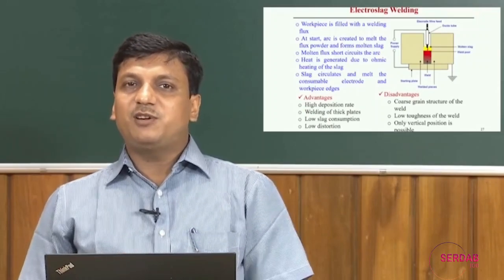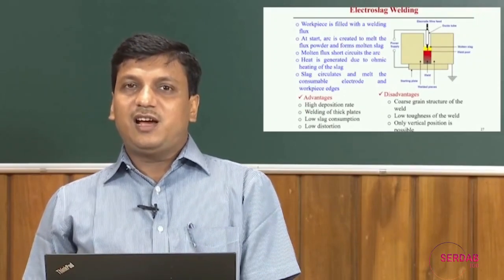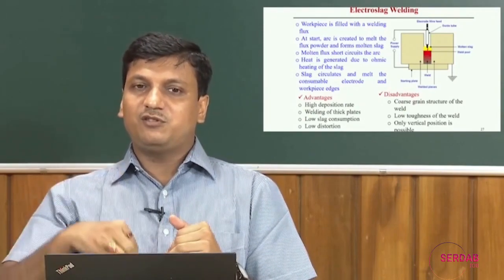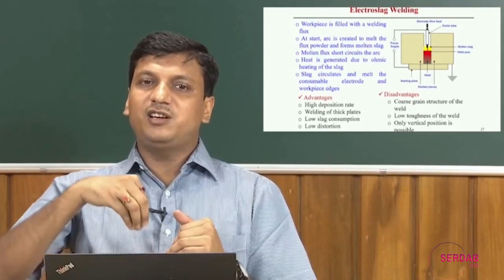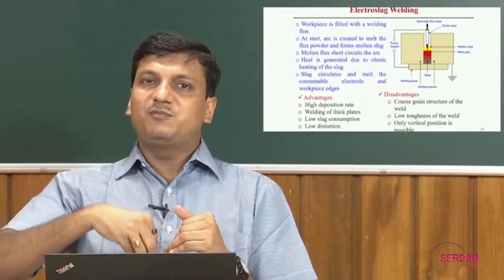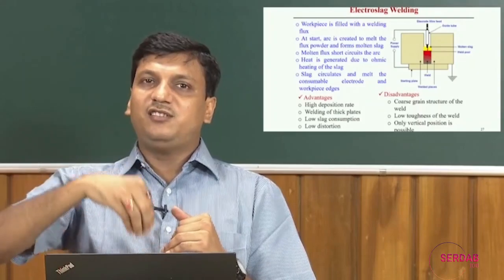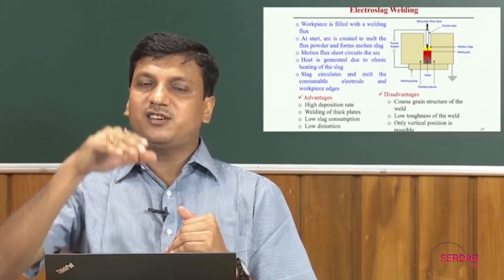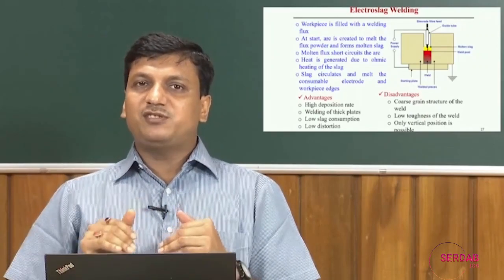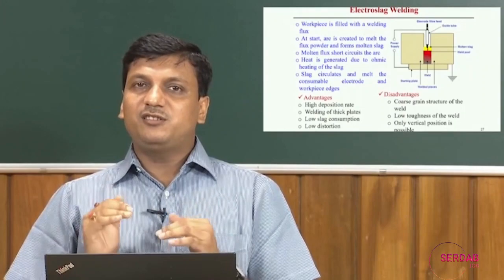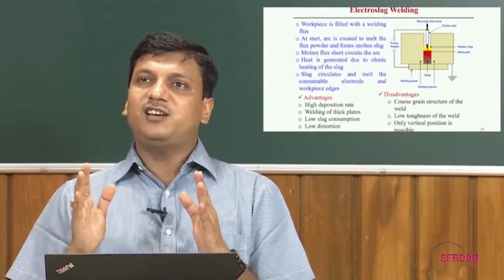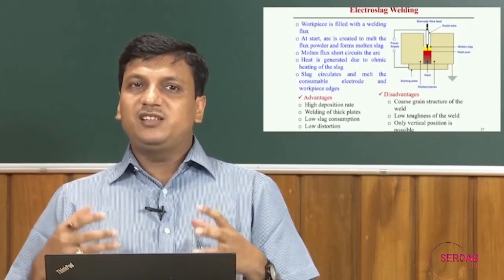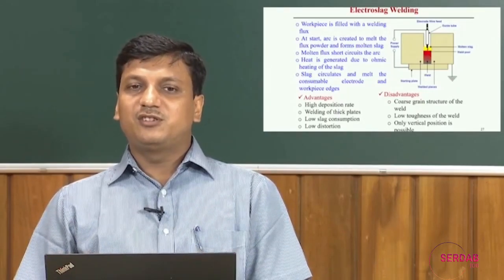Basically, you keep two plates in a vertical position, and from the bottom we keep on welding, and the electrode simply moves in the upward direction, and consequently it makes the weld. So this process is specifically advantageous for joining two vertical plates, and where a large volume of molten pool is required, this process is more suitable.